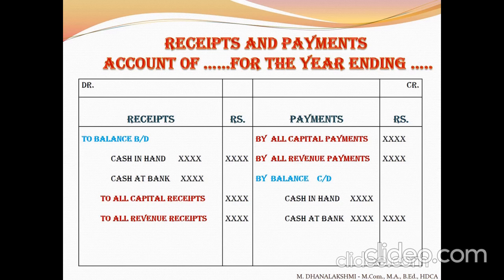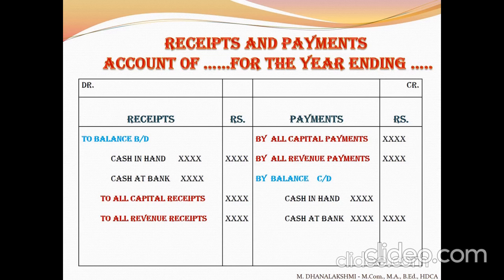Usually the receipt and payment account starts with opening cash and bank balance. Add all receipts along with that, and you will have some amount. Then subtract the payments, because the NPO will make payments out of those receipts. From the total receipts, they will make payments of capital and revenue nature.